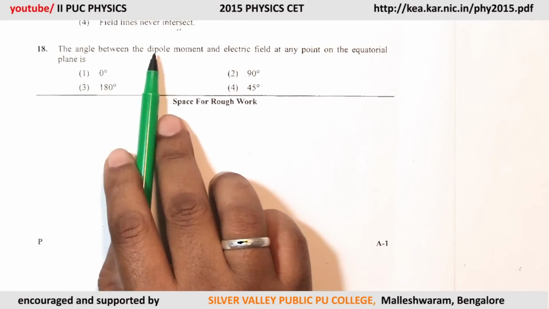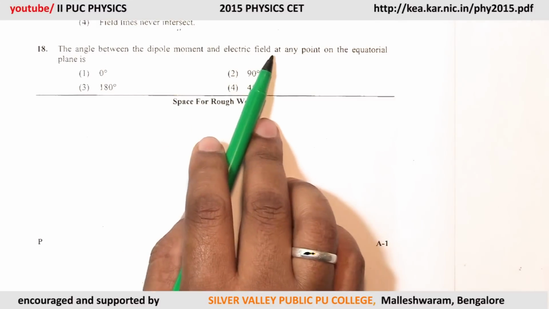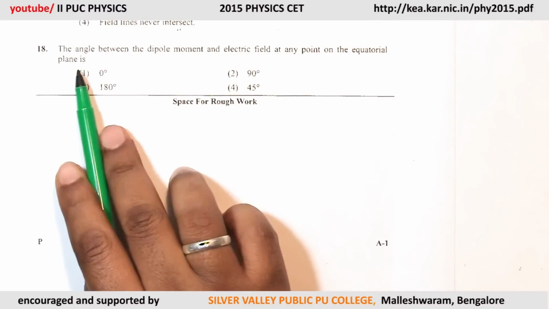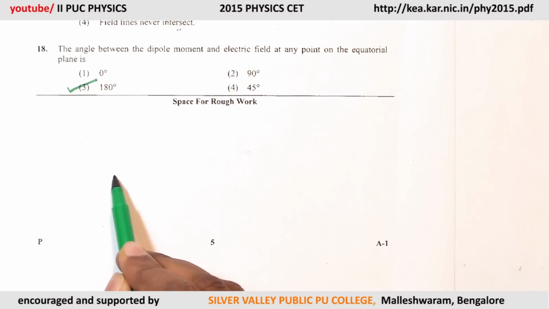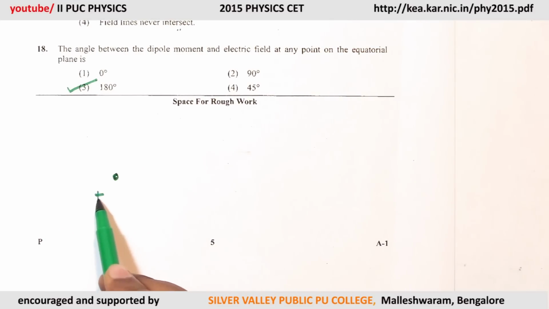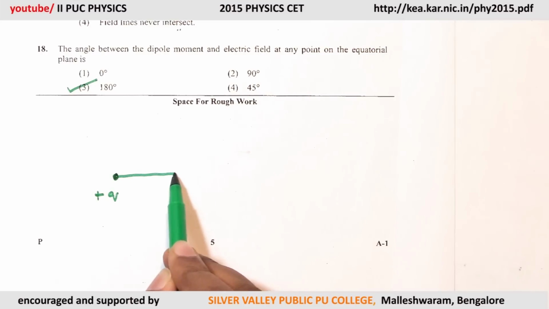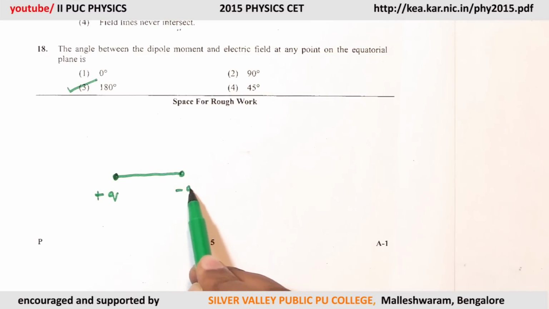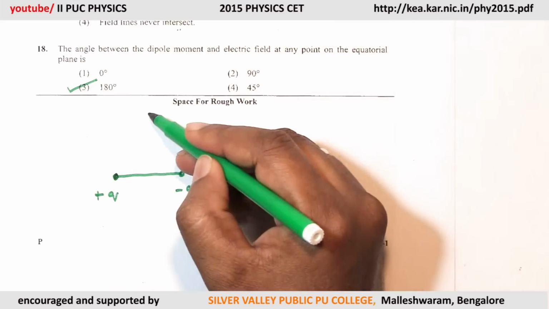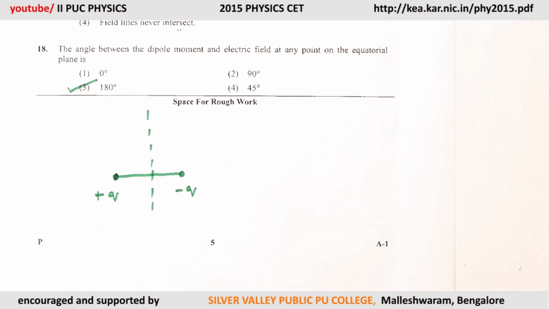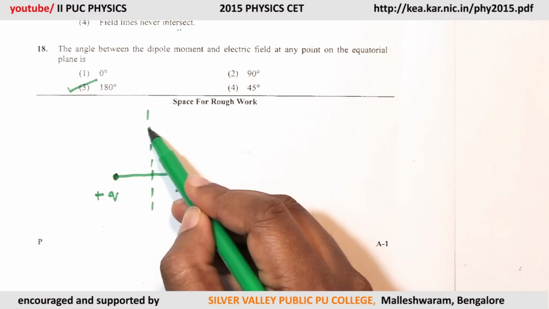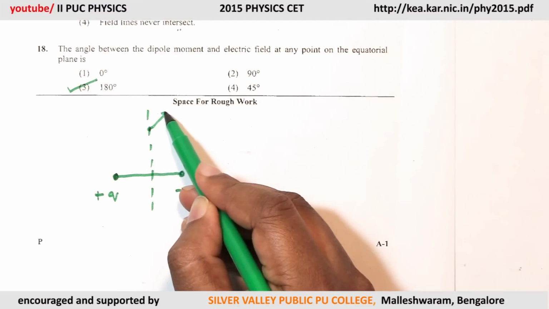The angle between dipole moment and electric field at any point on the equatorial plane is 180 degree. Standard result. Meaning, if this is plus q, this is minus q, this is a dipole, this is the equatorial plane. Because of positive charge, electric field is away.